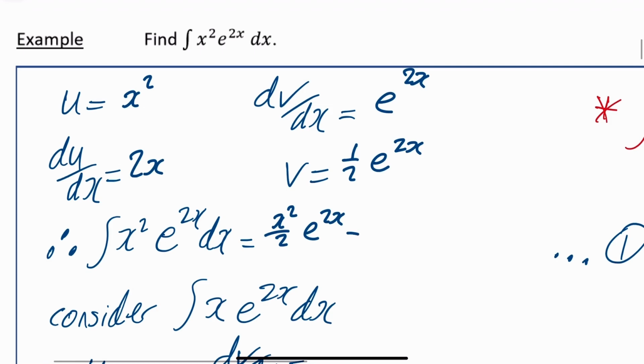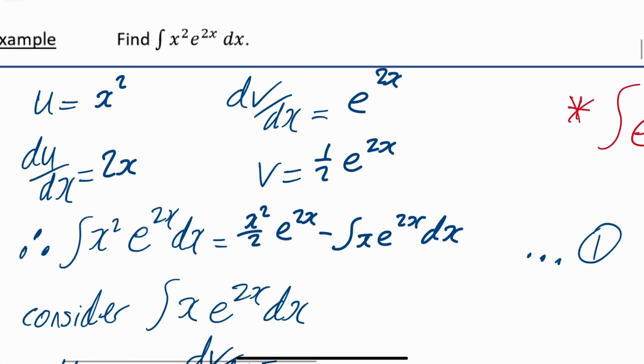Then minus my integral of v du by dx, so it's going to be a half e to the 2x times 2x, which is just going to be x e to the 2x dx. Now, we are making progress. Notice I've called this equation 1. We now have to integrate this thing, but we can integrate this by parts again. But look, we're definitely making progress. This bit in yellow is simpler than the original integral.